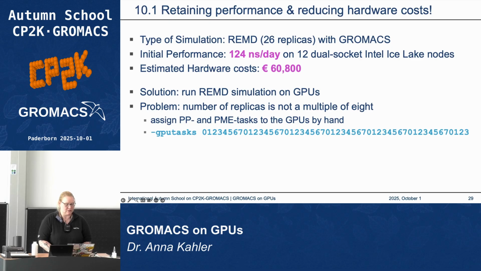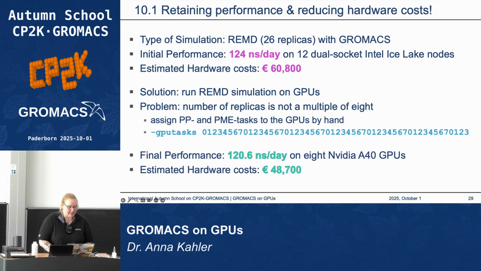GROMACS could then run the 26 replicas, and we were able to run it on 8 NVIDIA GPUs with a performance of 120 nanoseconds per day and an estimated hardware cost of a bit under 50,000 euros.